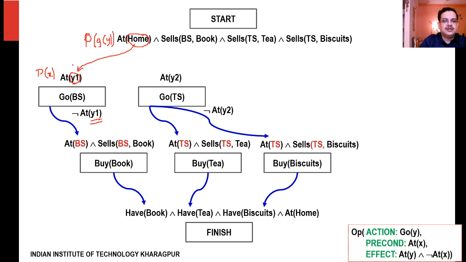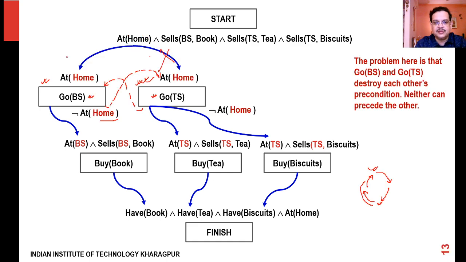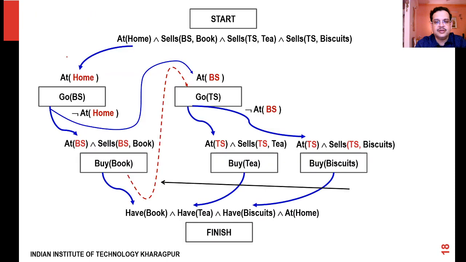Then the unification of these will replace x with g of y. Now that means that I am replacing x with again something which is not instantiated. But that's what may happen. So let's go back here.